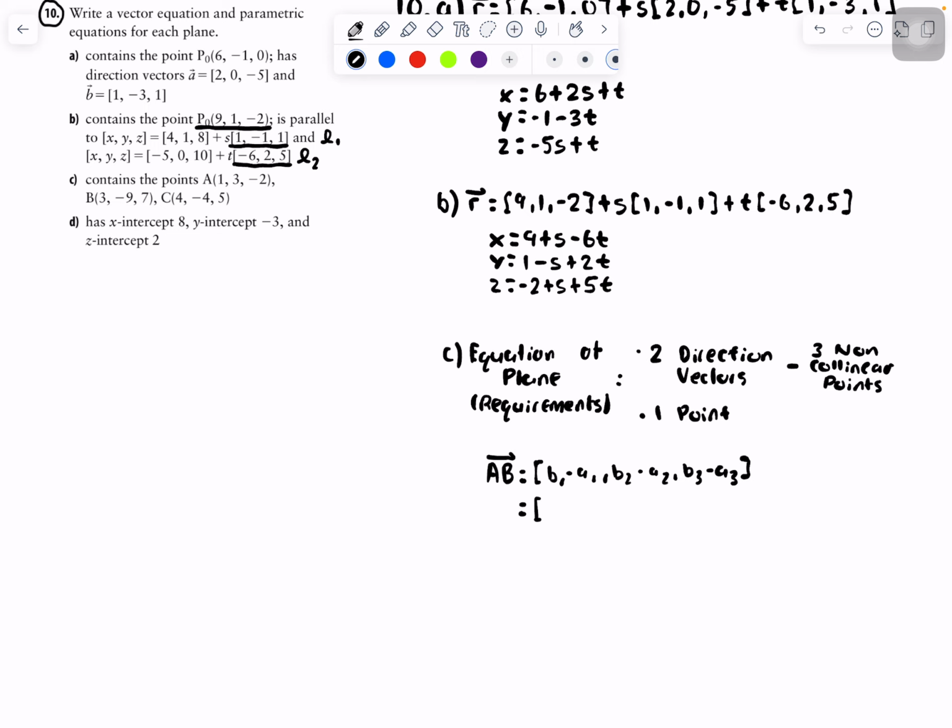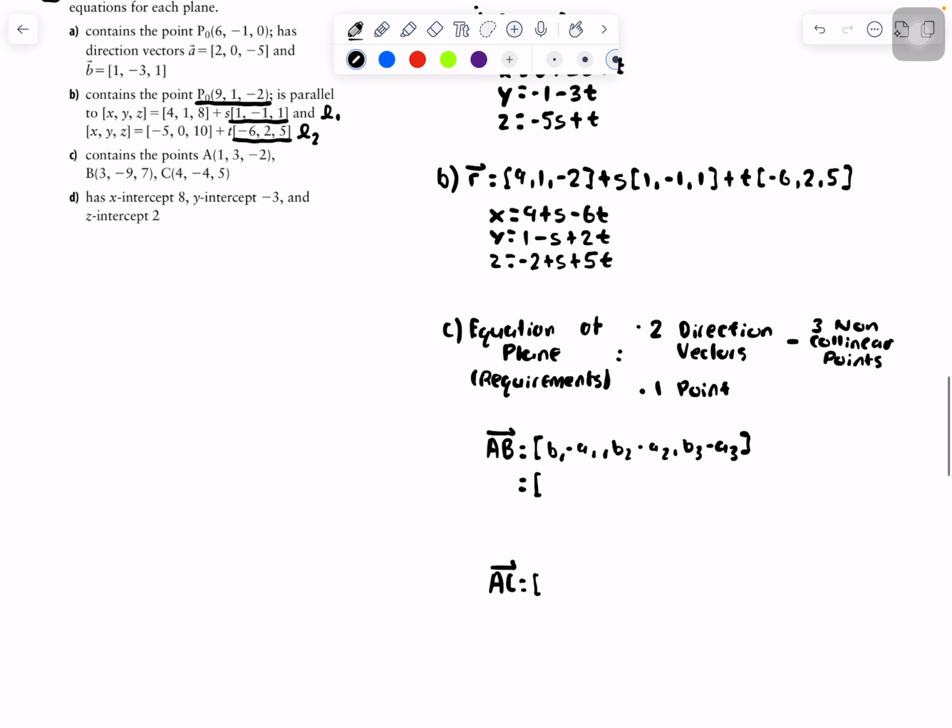I'm only going to write down the formula once. I'm not going to do it again for AC. Just going to go straight to calculating it. Heck, why not? I'll write it down here too.